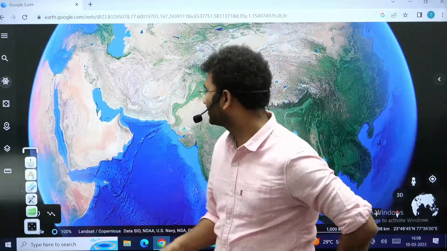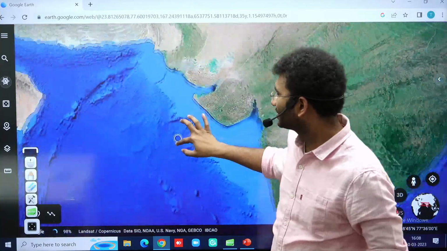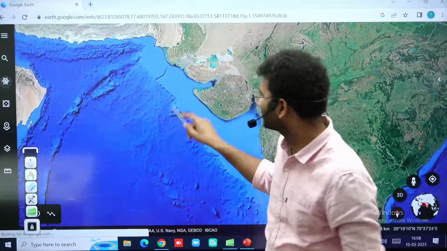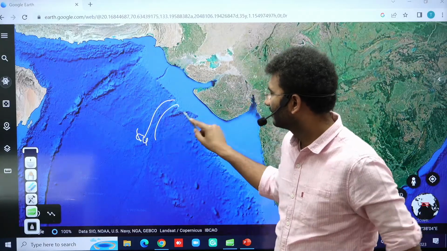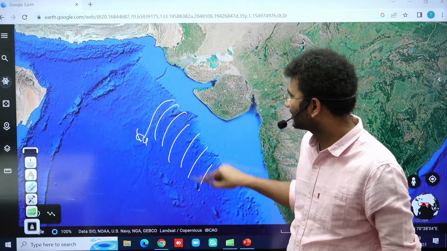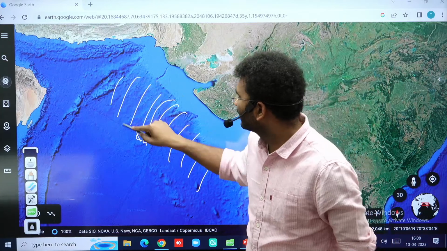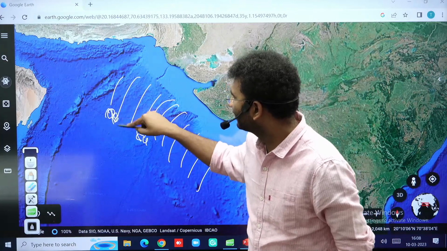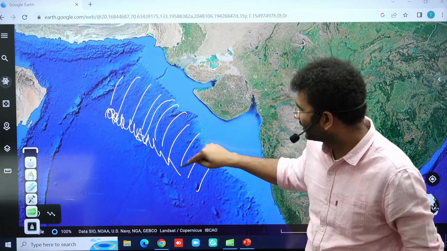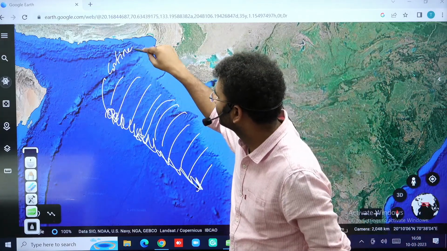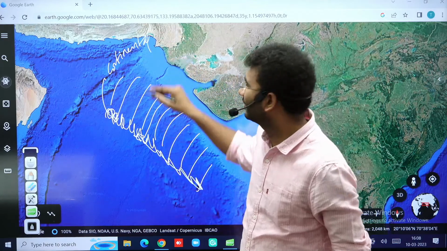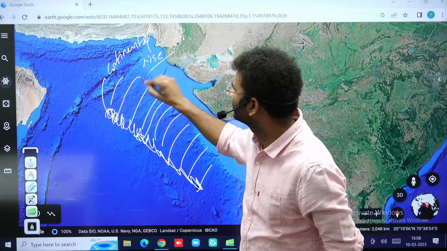And sometimes all the material that has sloped down from the continental shelf gets deposited here. From all the sides, they slope down and the material that gets deposited collectively looks like a continental rise. Right? A continental rise.